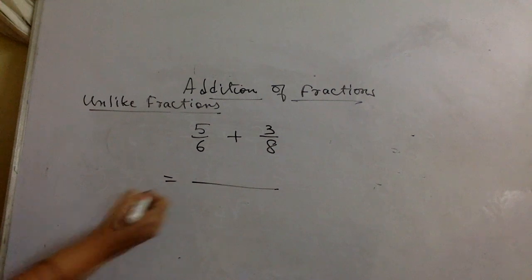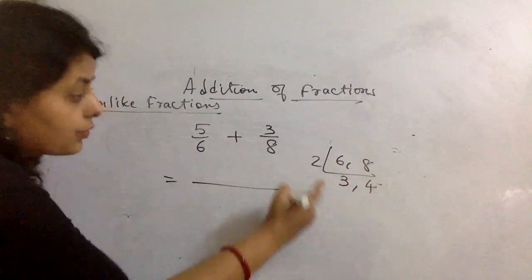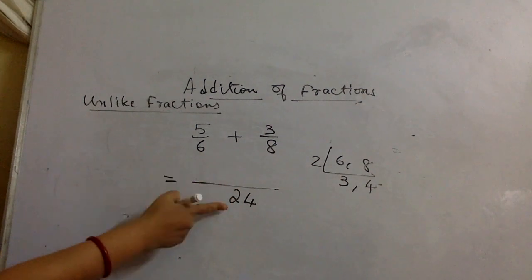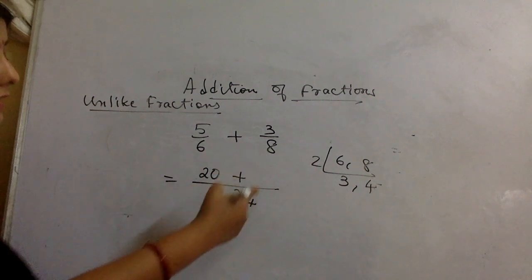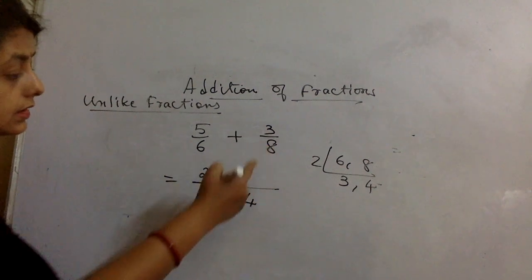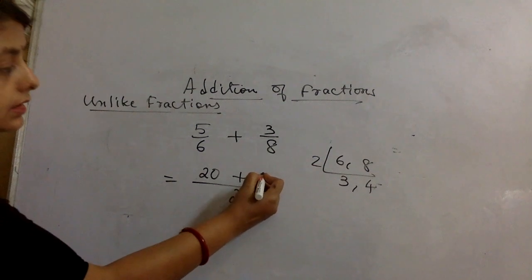Let us find that out also. 2, 3, 4, that is 6 into 4 is 24. 24 is the LCM. 6 into 4 is 24. This is 20 plus 8 into 3, this is 3. 8 into 3 is 24. That 3 with this 3 makes 9.